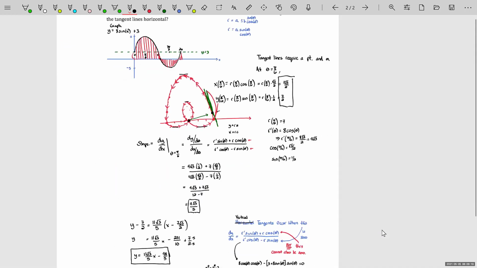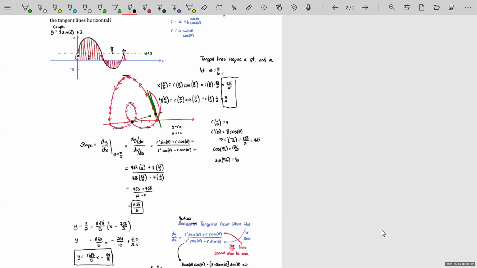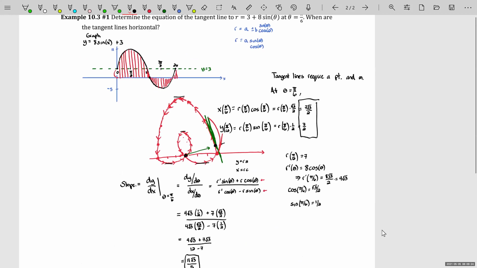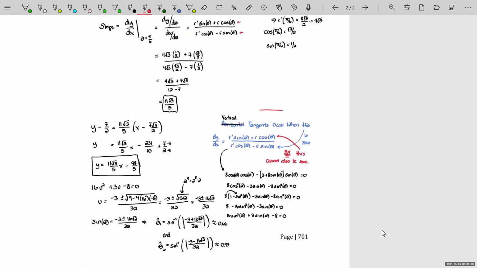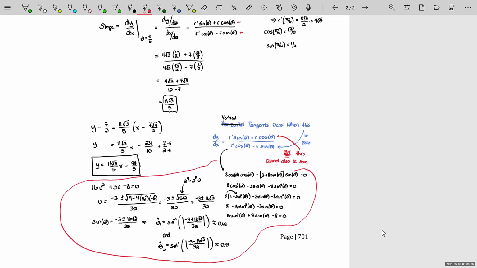For some reason, my brain just went to the denominator. I'll do it like this, just like that for vertical tangents.